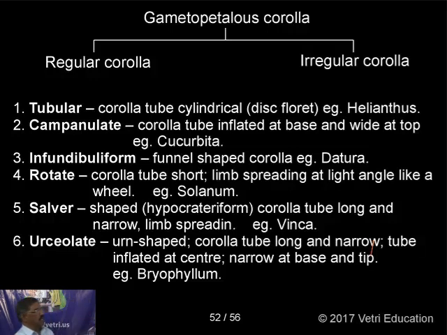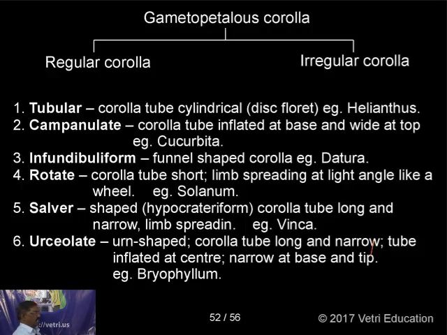The next one, gamopetalous corolla. That's a regular corolla. Gamopetalous, regular corolla. In this, one is tubular, just like a tube that you can find in disc florets of Helianthus, sunflower, and campanulate, a very short bell-like structure, corolla tube inflated at the base and wide at the top. Third one, infundibuliform, funnel shaped, you can find in Datura.